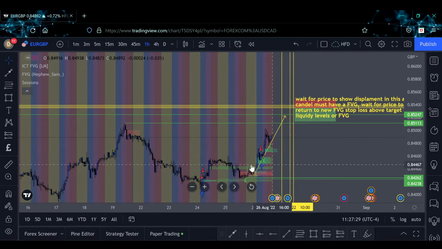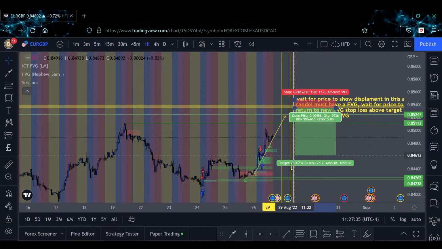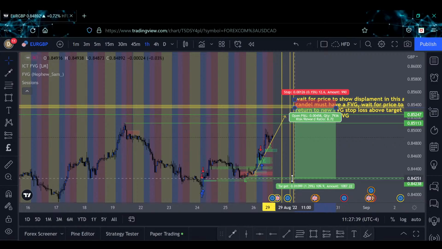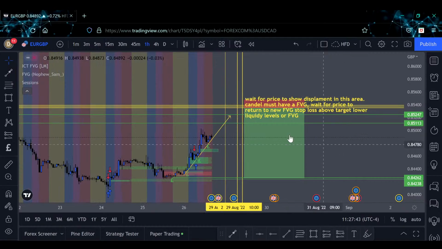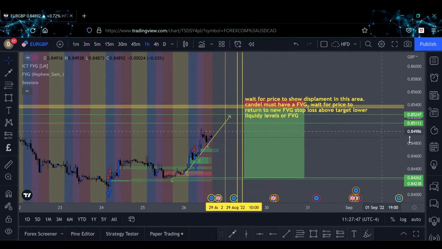And if this wasn't to break down from this point, if it was to push up into here, then you take your sell to clear lower liquidity. You're looking at a 8.67 now.